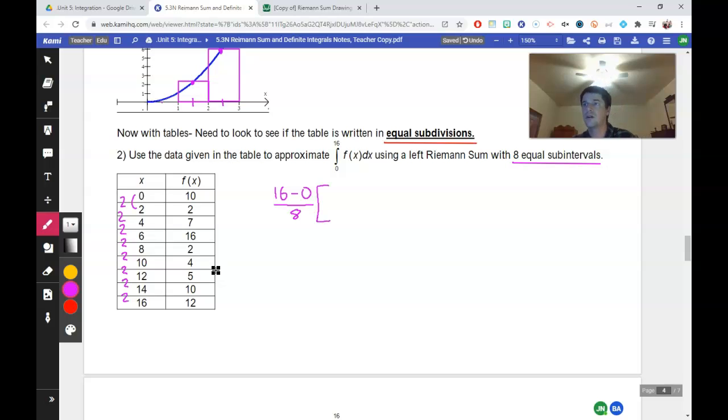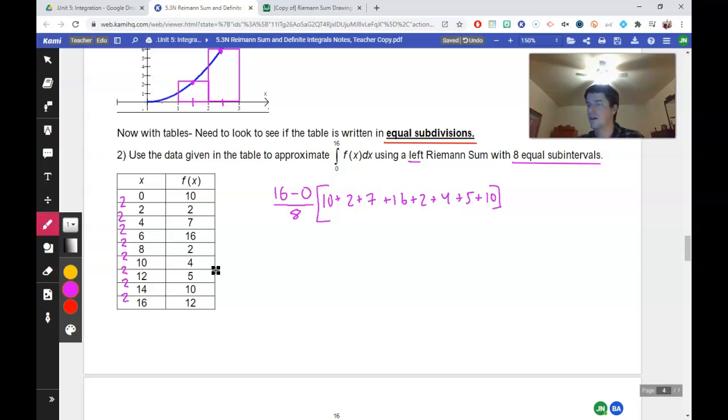And so what are we going to do? Well, if it's a left Riemann sum, we're going to be using the first value, okay? And then the second all the way up, but we're not going to be using the last value, all right? Because that would not be the left of any of the rectangles. So we have to write those down. So 10 plus 2 plus 7 plus 16 plus 2 plus 4 plus 5 plus 10.